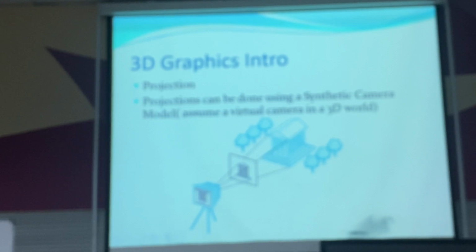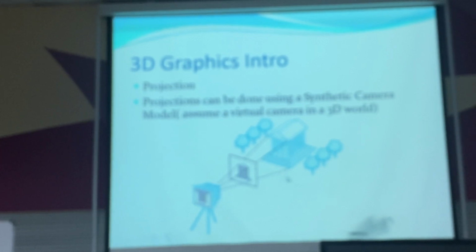So this is the real world object in 3D, and then you have your screen. This is your projection plane. We project onto the screen, and this is how your final image looks. If you see the projection lines, at the end they converge into a single point.